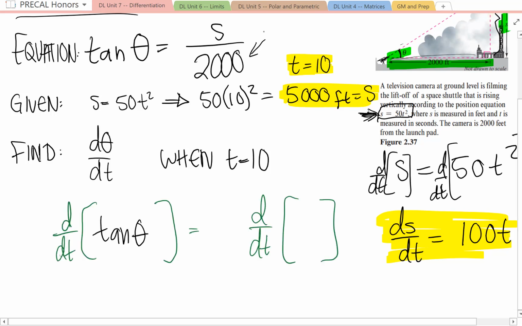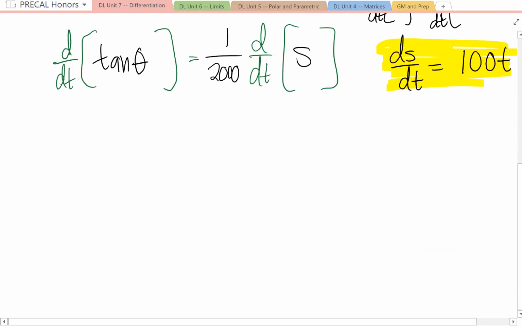This division of 2,000, I'm going to take that out as a constant multiple of 1 over 2,000 being multiplied by the derivative of now just the numerator, which is s. The derivative of tangent theta with respect to t. Well, the derivative of tangent u is secant squared u times u prime.